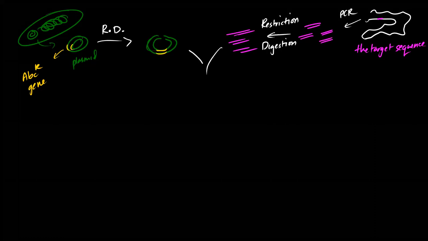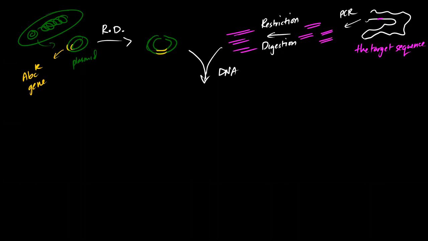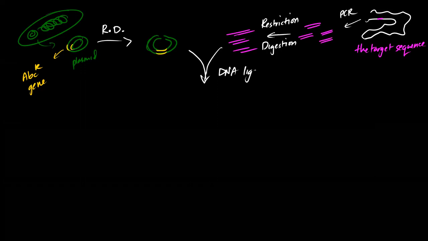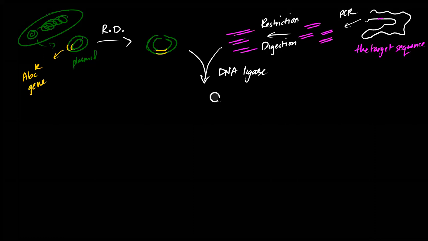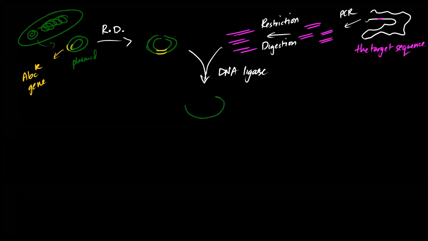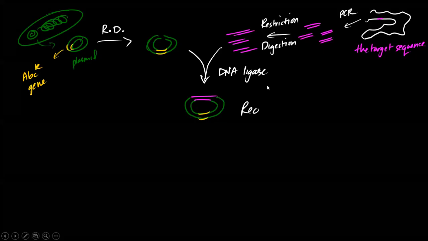We combine both the plasmid and the insert using the DNA ligase. Our insert will be joined with the plasmid. So now we have a recombinant plasmid.